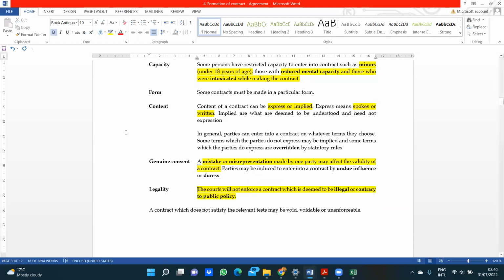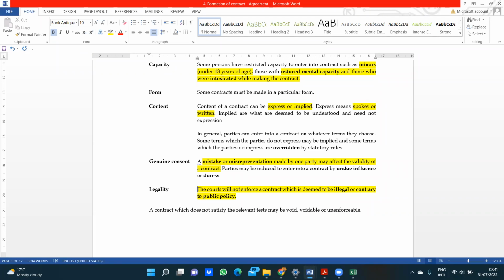Again, if a contract has been made whereby a party is going against the law and undermining the other party's rights as a member of a legal country, then the terms and conditions which are deemed illegal, or contrary to public policy, the courts will not enforce such a contract.